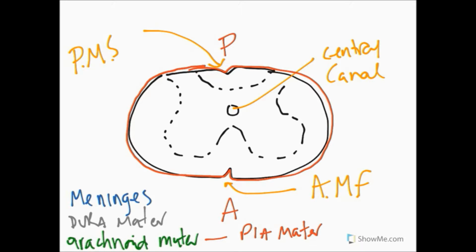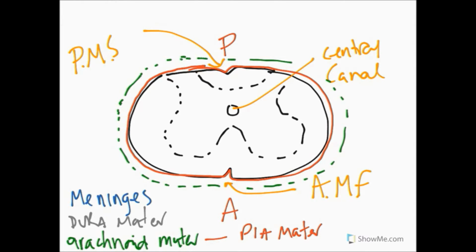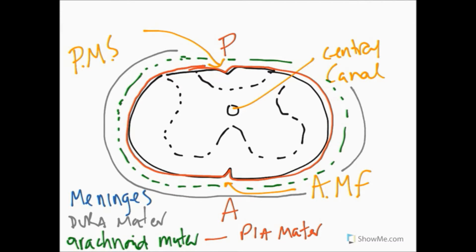The next layer, as I mentioned, is the arachnoid mater, and we're going to put that in green, so that's the next layer. Draw a line around here, and then the next layer, which we're going to do in grey outside that, is the layer of the dura, and that's the tough dura that you can see is very clear on specimens.